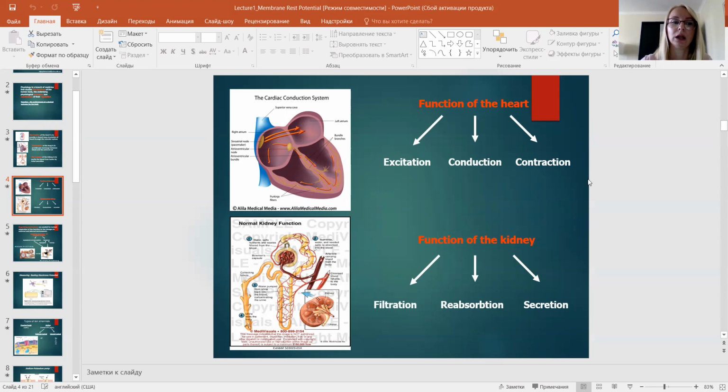If we take the kidney, for example, we can see that the formation of urine is also achieved by three different processes: filtration, reabsorption, and secretion.